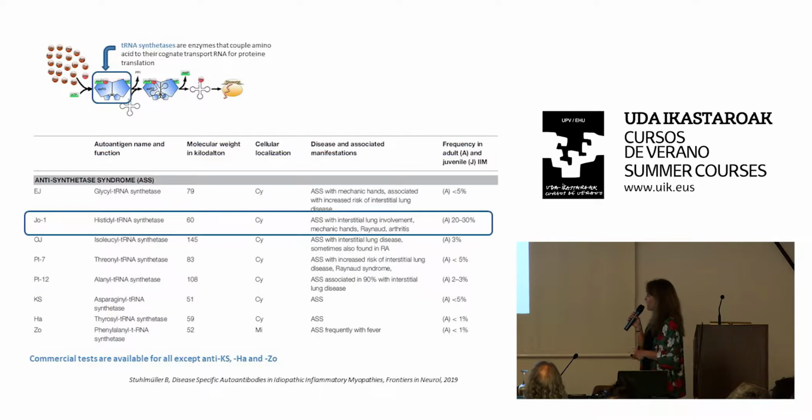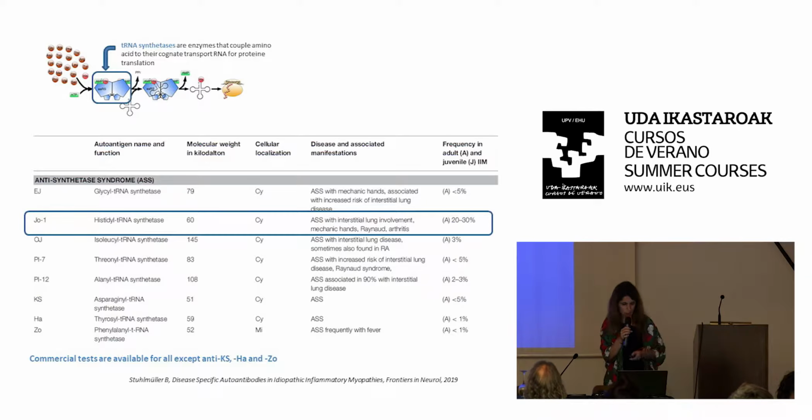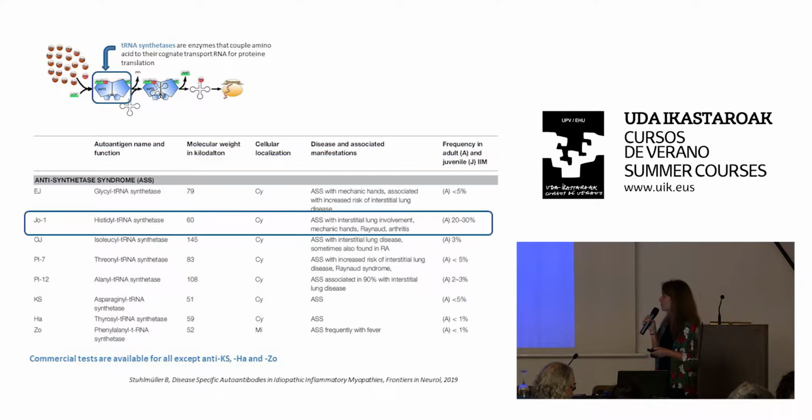Among all those antibodies, those ones are detectable by commercially available tests, but the last ones, that are HA and ZO, are not detectable to date with commercial kits.